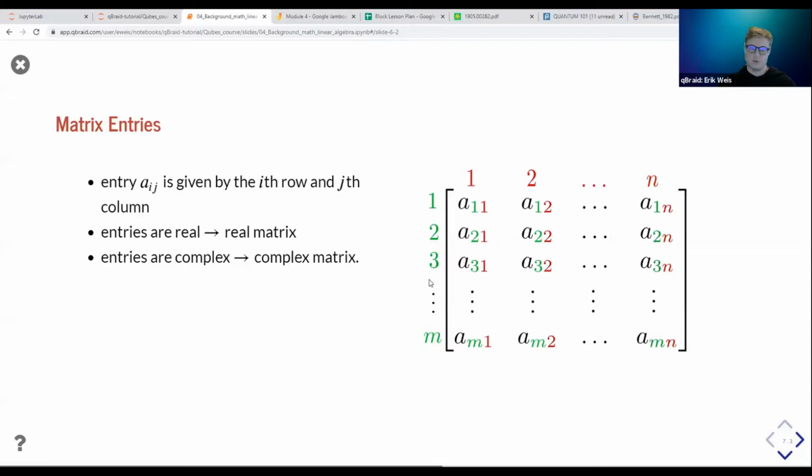So this is just a general picture of what matrices look like. And just a little bit of terminology, which should be pretty straightforward. If all the entries of the matrix are real, we're going to call it a real matrix. And if all the entries are complex, we're going to call it a complex matrix.